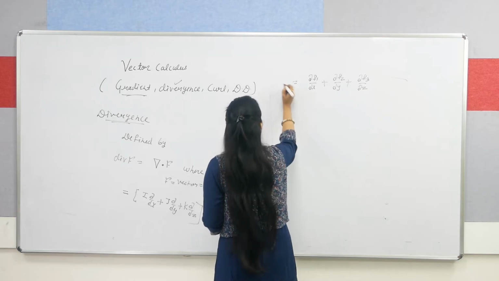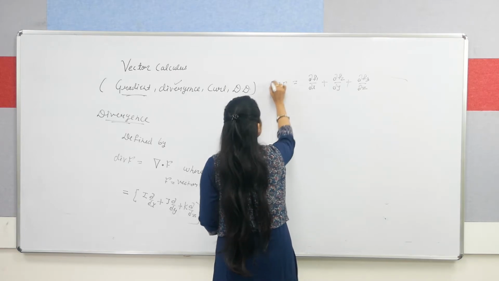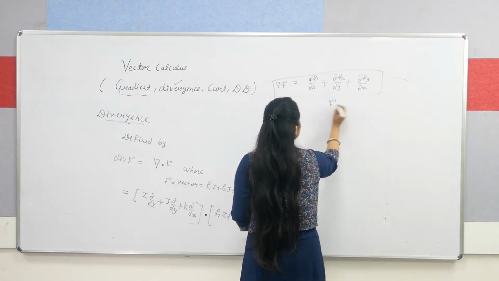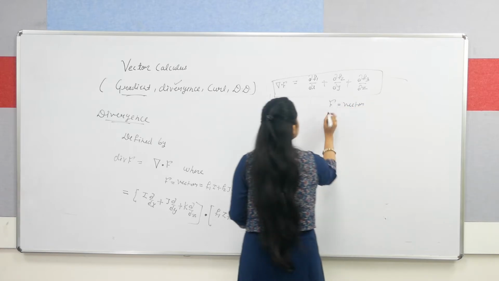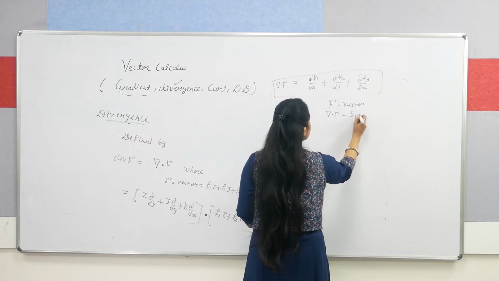This is our divergence, denoted by del dot F. The input was a vector quantity, whereas the output is a scalar quantity.